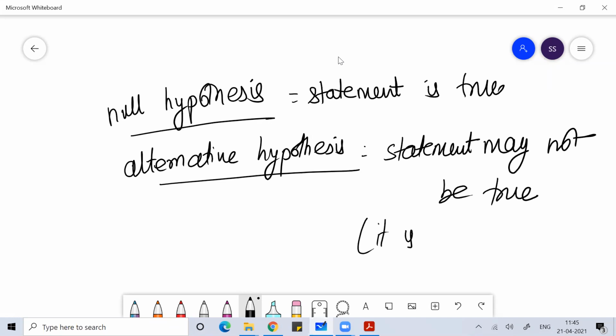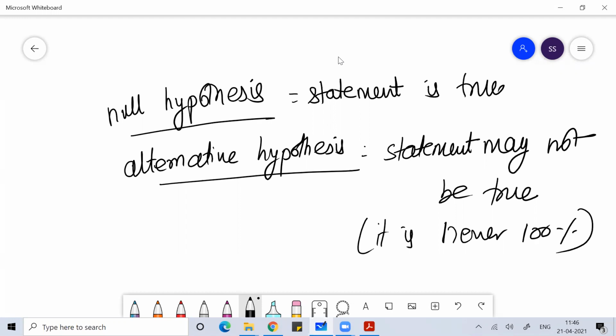Please understand, in the alternative hypothesis we say that it may not be true. It may be true, it may not be true.